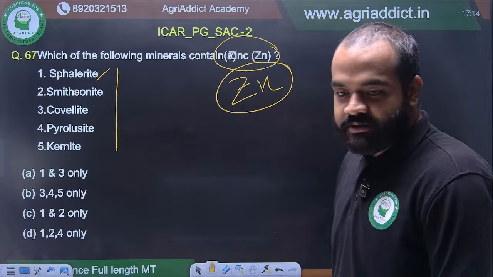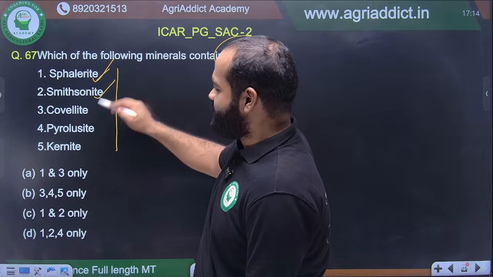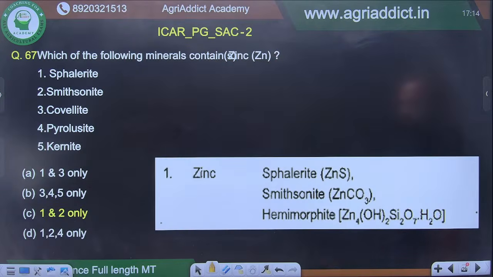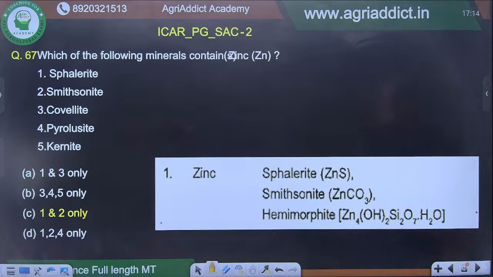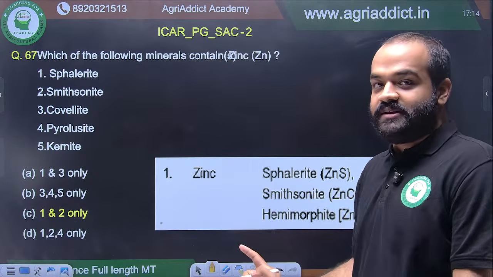Option C, option C, option C. 1 and 2 only. Sphalerite and smithsonite. Covellite, pyrolusite, carnite are not, because pyrolusite is manganese. So again, I always put my emphasis on the tables of ICCS. This is also taken from the old ICCS micronutrients chapter. This table you should definitely remember.